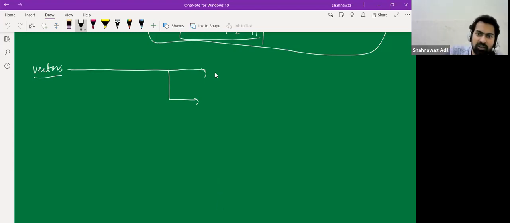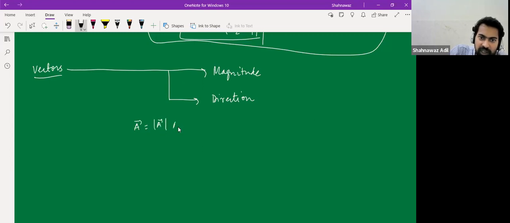So there are two parts of a vector. One is the magnitude and the other one is the direction. You can represent any vector by its magnitude and its direction.